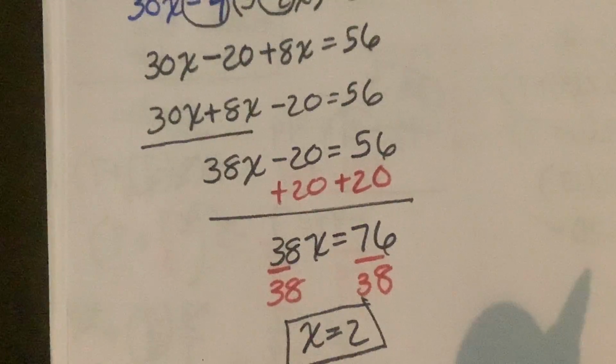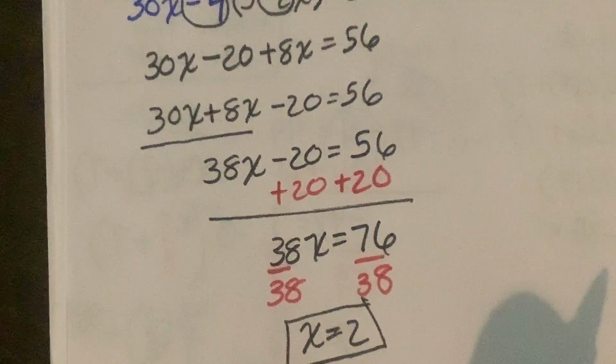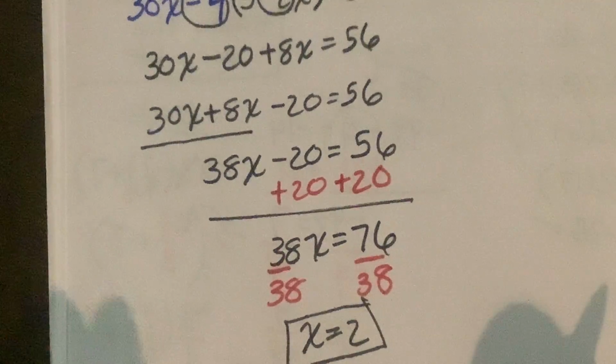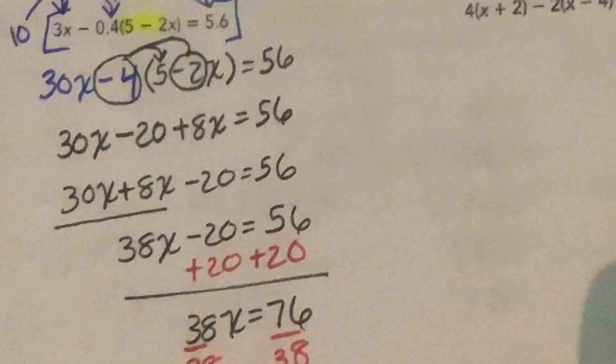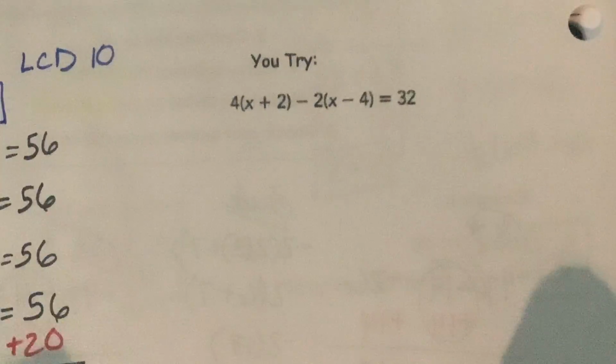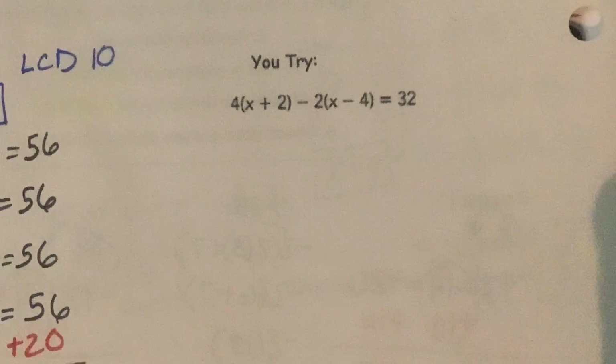All right, you try. Turn it off and just try. This happens to be a little bit of an easier problem. Honestly, there's no decimals. You don't have to do the least common denominator thing. It's a better problem.